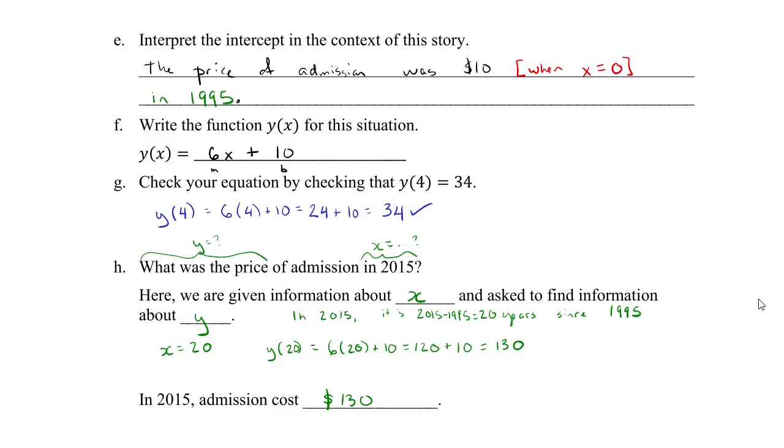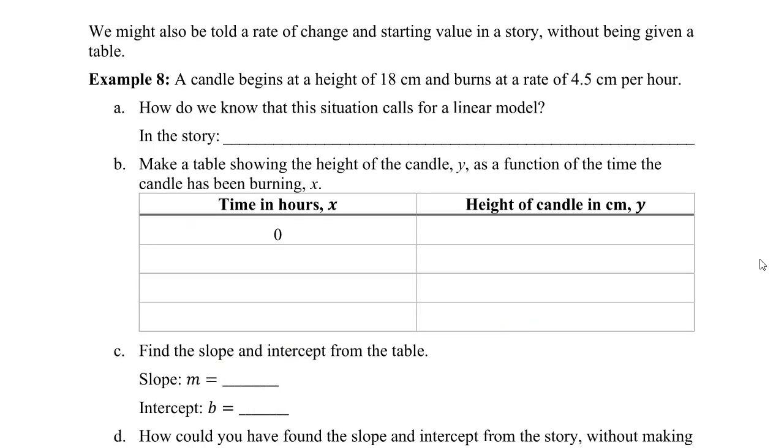Okay, so in this example, we were given a table of values and told that we had a constant rate of change, and we were able to use that to write down the equation. In our next example, we're just going to have a story. In this example, we're told a candle begins with a height of 18 centimeters and it burns at a rate of 4.5 centimeters per hour.